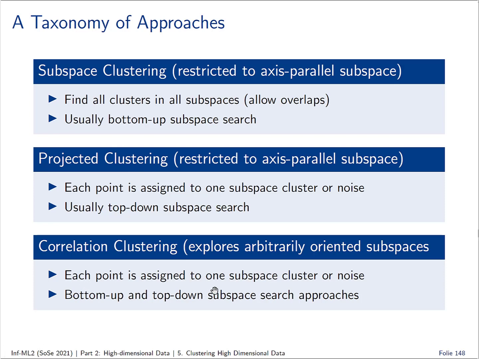Typically each point is assigned to one subspace cluster or noise, but some also allow overlapping clusters. There are different approaches, with bottom-up and also top-down subspace searches, because this is the most general form of the problem: arbitrarily oriented subspace clusters. So the two previous ones are special cases of correlation clustering because they are restricted to axis-parallel subspaces, and correlation clustering algorithms are not.